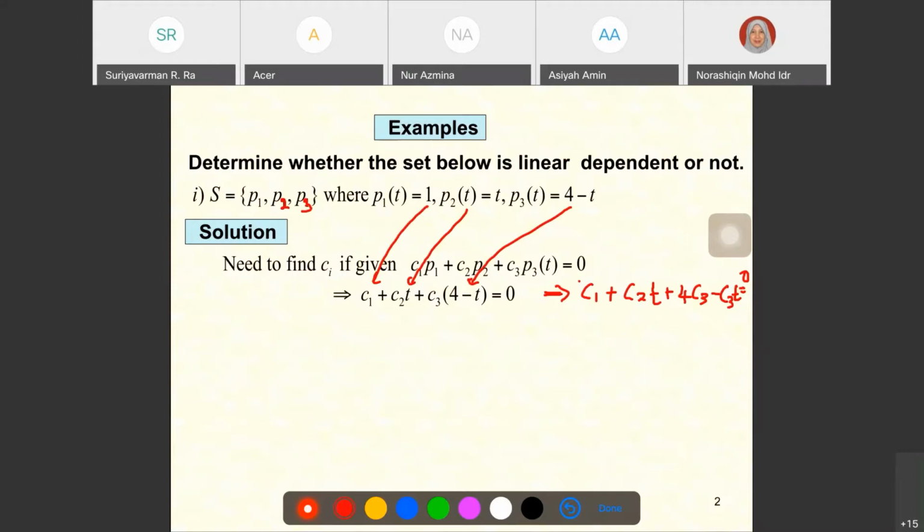Combine the t terms, group the like terms. So we have C1 plus 4C3 plus C2 minus C3 times t equal to 0.